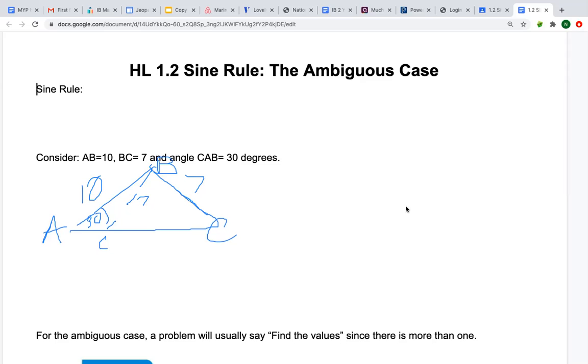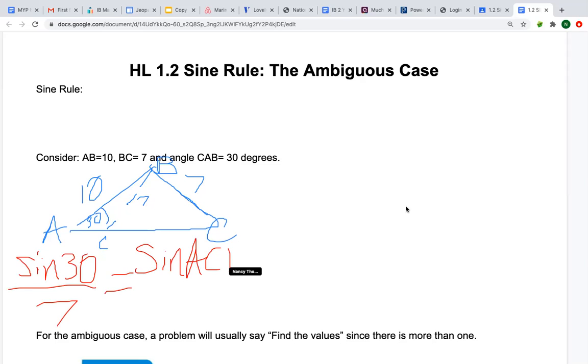So first, we have that the sine of 30 divided by 7 is equal to the sine of ACB divided by 10. And what I can do with this information is then solve for sine of ACB. And I'm going to kind of talk through this a little bit just before I simplify it.